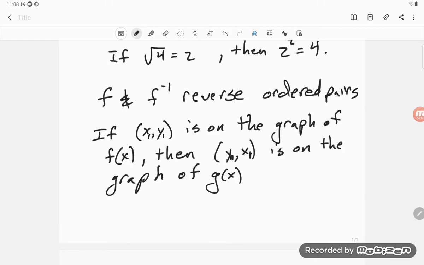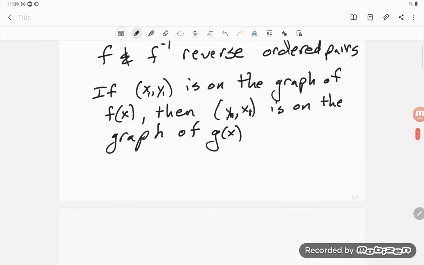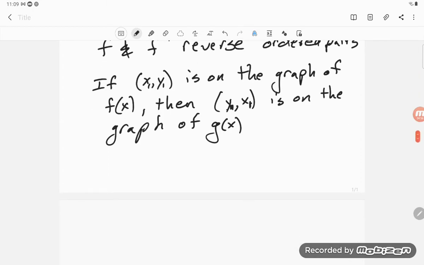Now it looks better: I can talk about f of x and the ordered pair (x1, y1), and then just reverse them, and we have the ordered pair (y1, x1), but that's still some function g of x, and so that's our inverse.